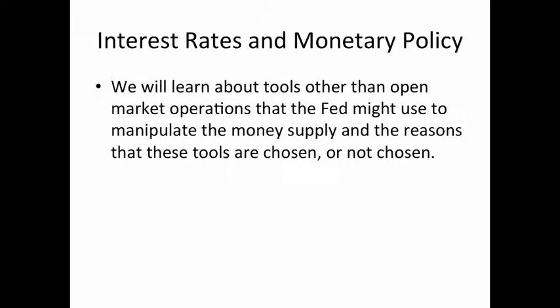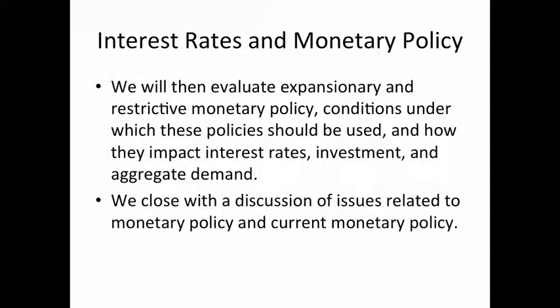So we'll look at how the Fed uses these tools, such as open market operations, to manipulate the money supply, and which tools it uses and which ones it doesn't. Once we highlight those issues, we'll be ready to look at expansionary and restrictive monetary policy, when you'd use which, how they are used, and what happens.